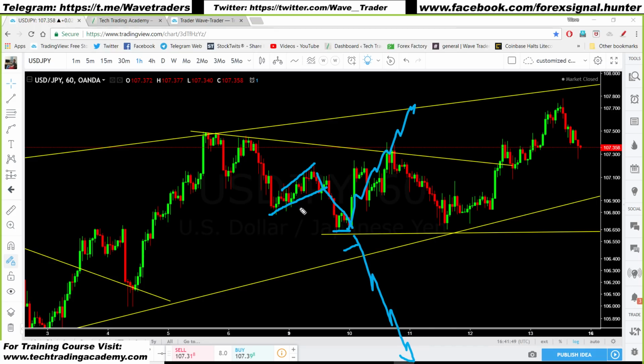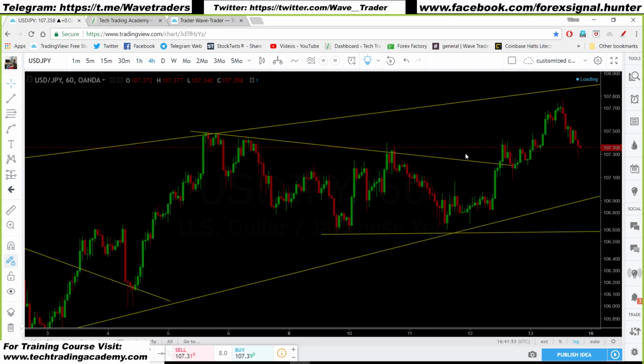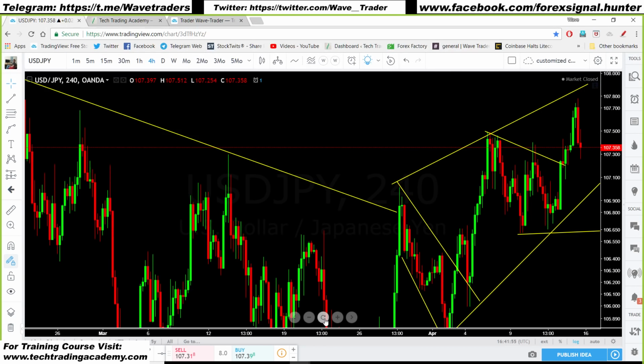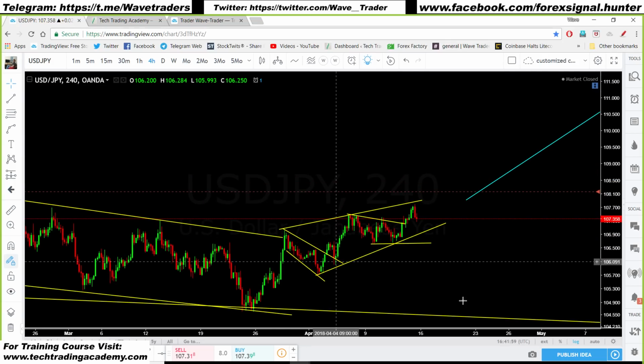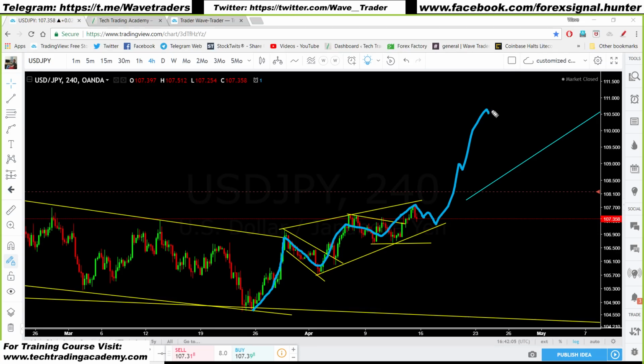The pattern just developing on this 4-hour time frame is telling us that it could be a leading diagonal. We can see price keep pushing for upside, like 1, 2, 3, 4, 5, ABC.